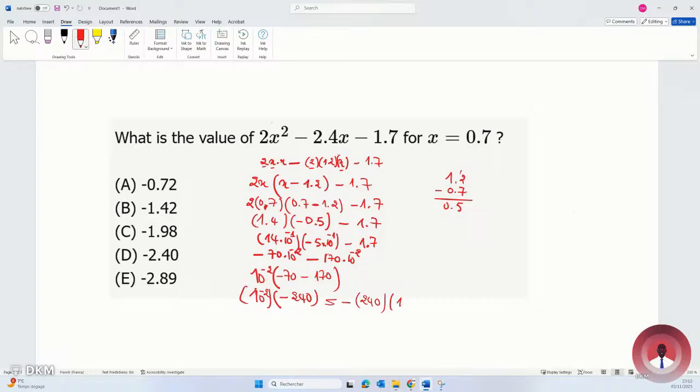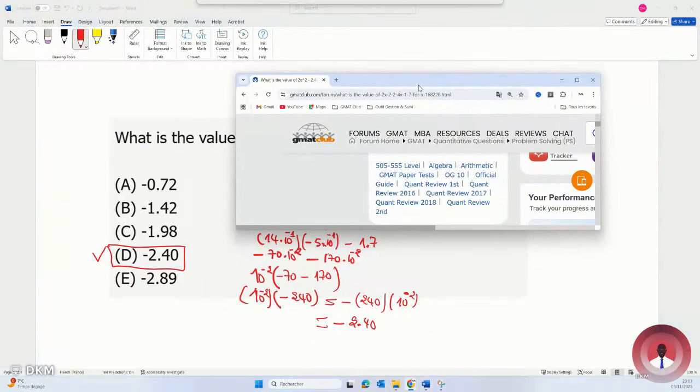This can also be written like this. Okay, so this will give us minus 2.40. Since here is 10 to the power minus 2, you need to move the decimal point 2 positions. So 1 and 2. This is why it is giving us 2.40. So the answer is minus 2.40. All right. So answer D is the answer.